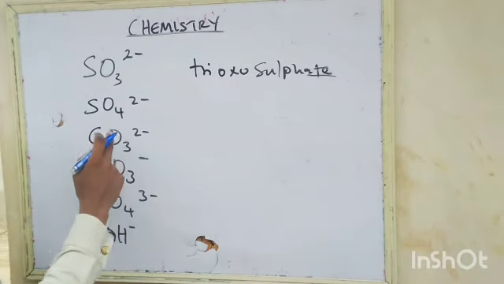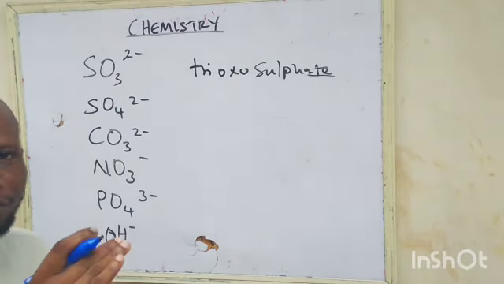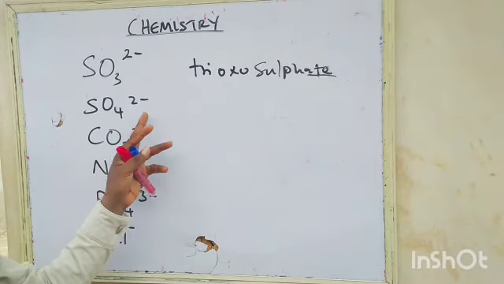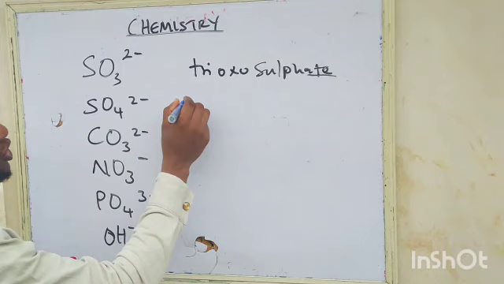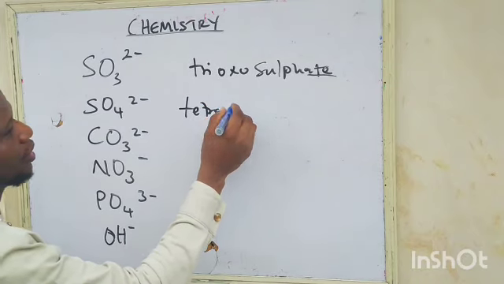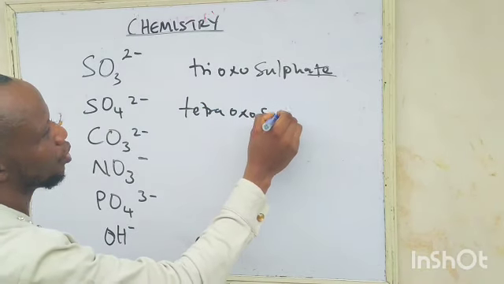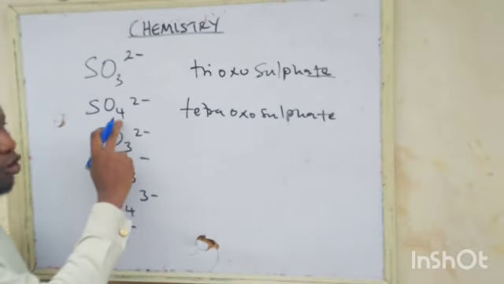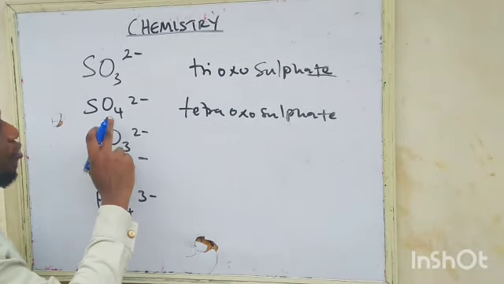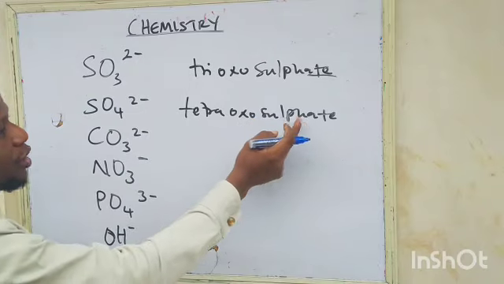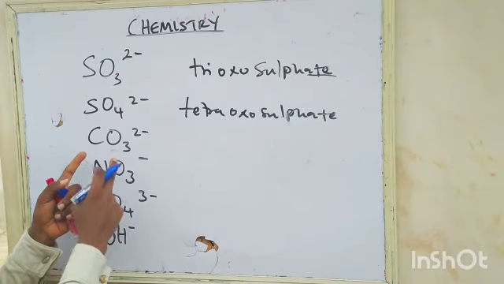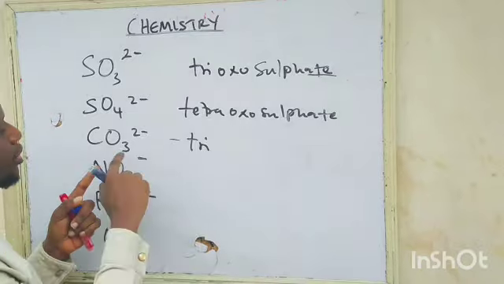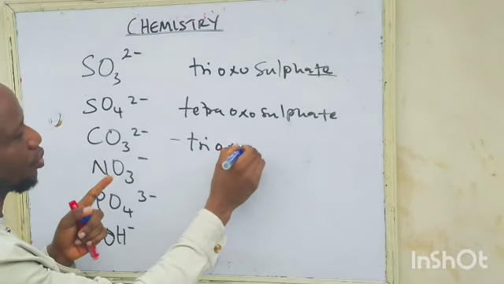Likewise here, this is 4. Like I said, from 3 oxygen and above, reacting is ATE. So we have tetraoxo sulfate. Now this is 4 oxygen involved, sulfate, stay with sulfur. So here we have 3 oxygen, trioxo.